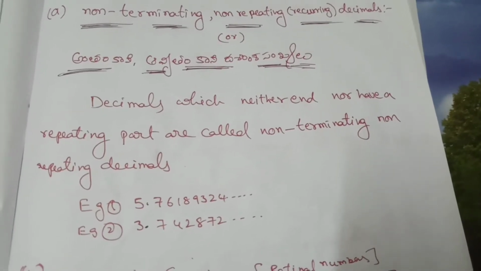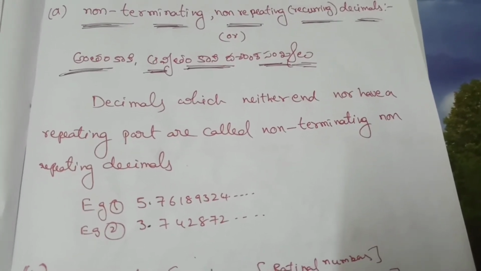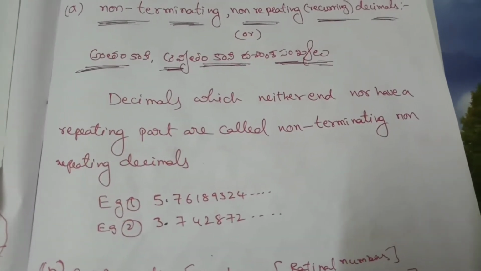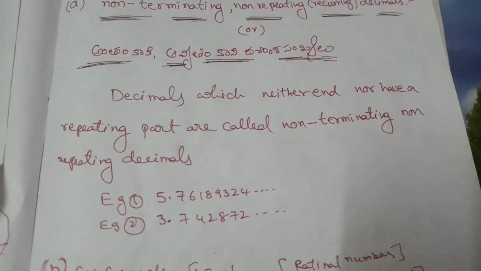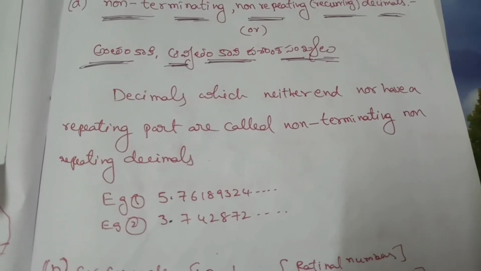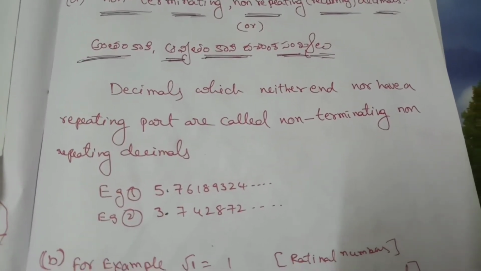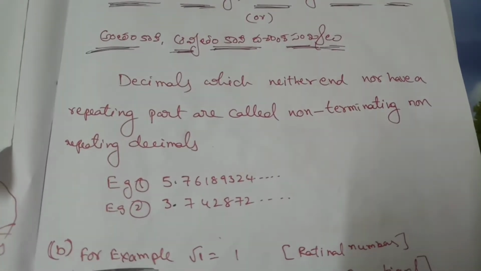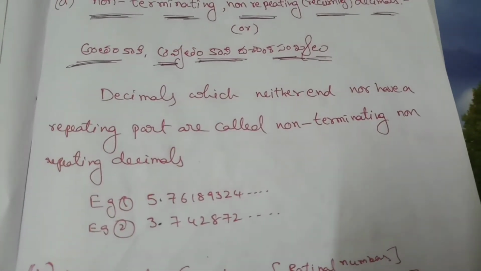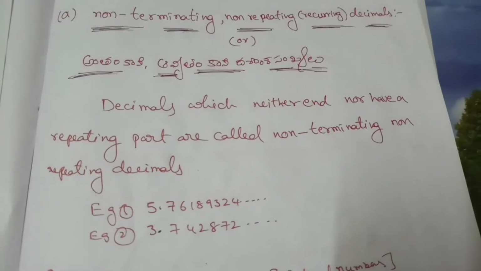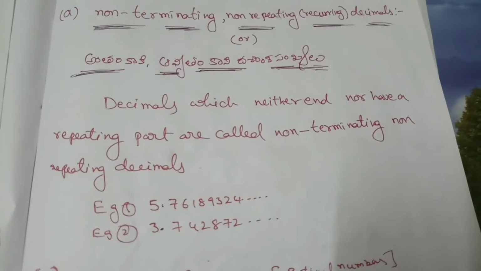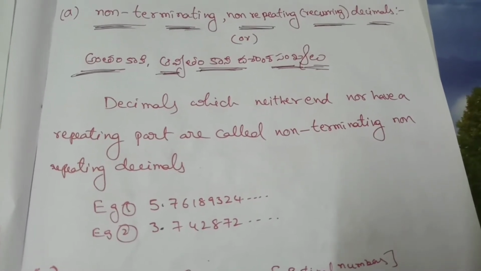When we observe these numbers, we are unable to find how many places are there after the decimal point, unable to count how many places are there, because they are not terminating, they are not repeating. So these are called non-terminating, non-repeating decimals. These are also irrational numbers.